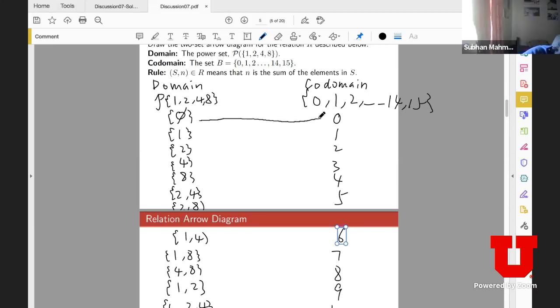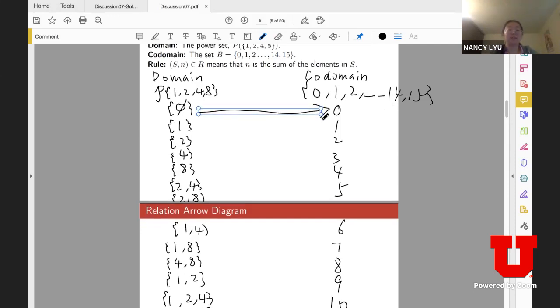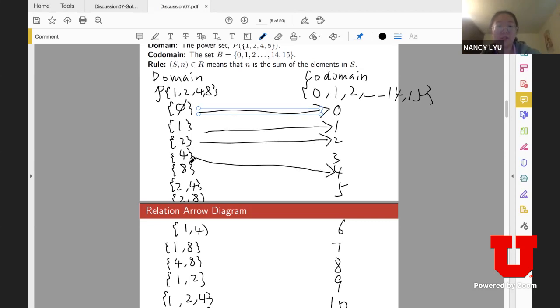Yes, because there are 0 elements in the empty set. And what about {1}? It goes to 1. Yes, and {2} goes to 2. {4} goes to 4. And what about {8}? {8} goes to 8.